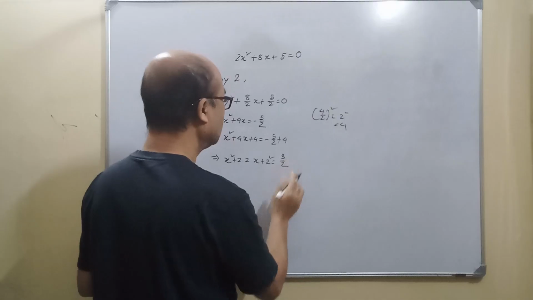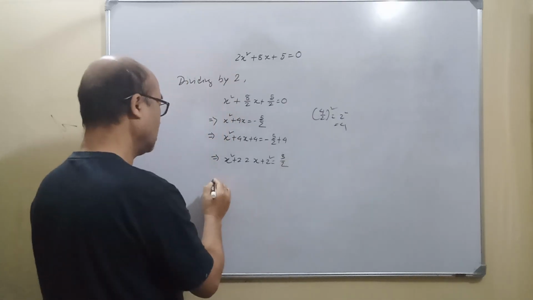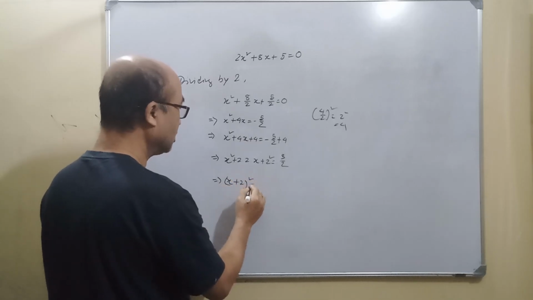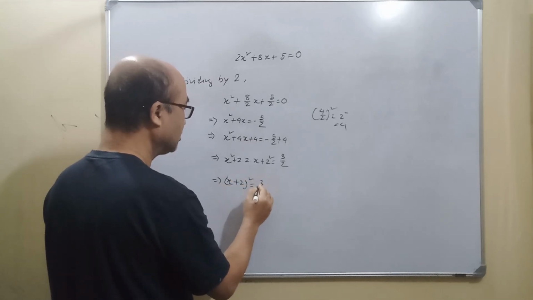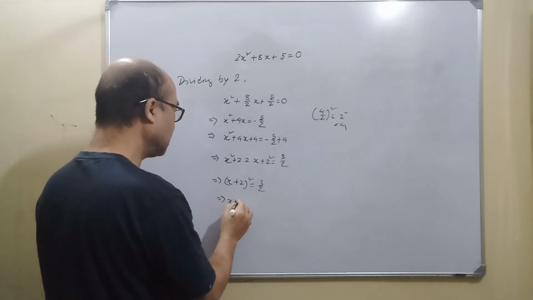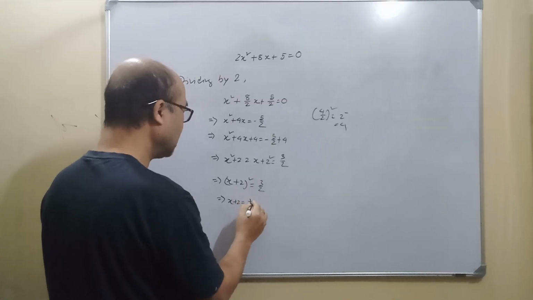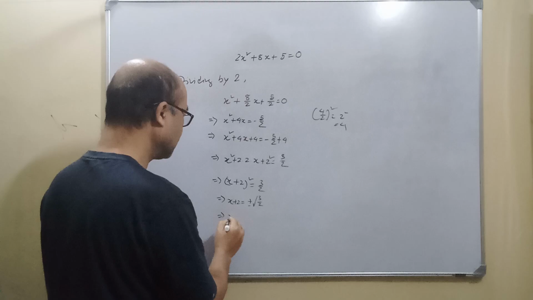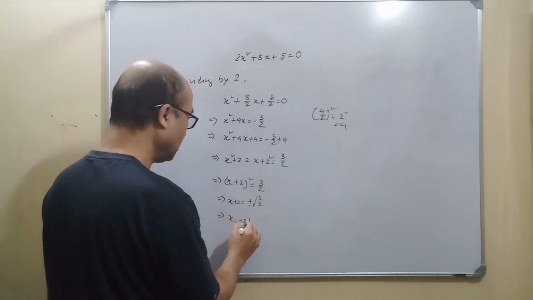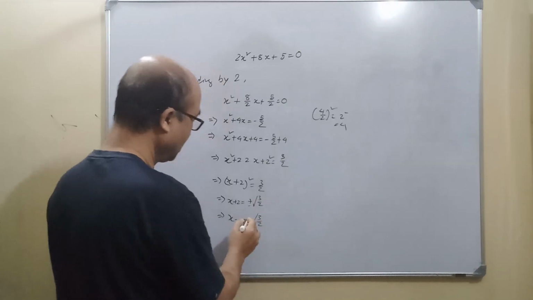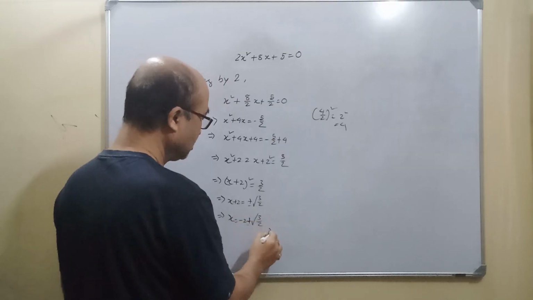It is 3 by 2. Okay, so this becomes (x plus 2) whole square is equal to 3 by 2. So x plus 2 is plus minus root 3 by 2. Hence x is equal to minus 2 plus minus root over 3 by 2. And that is our solution.